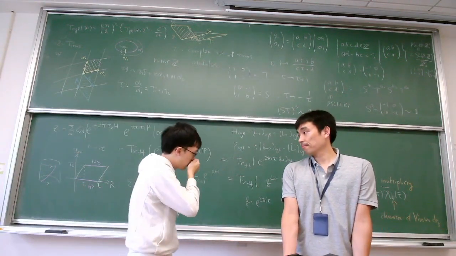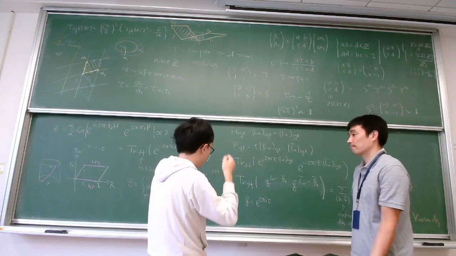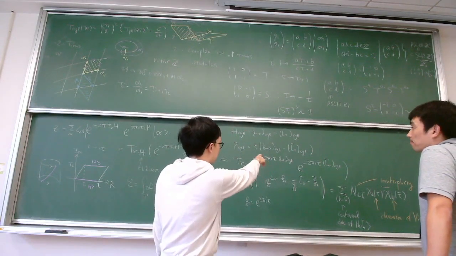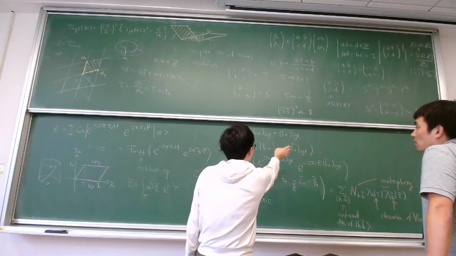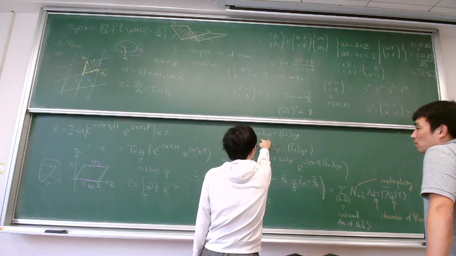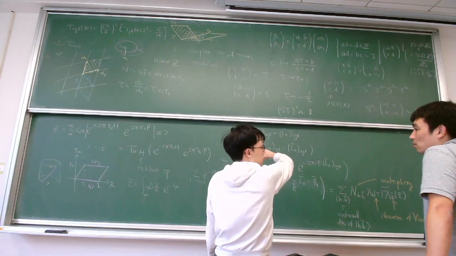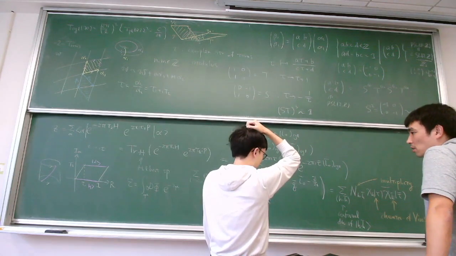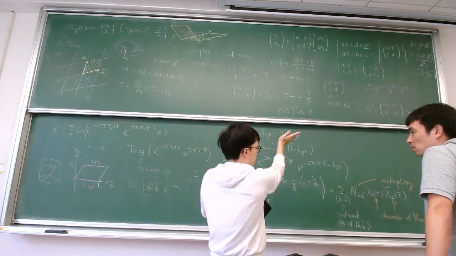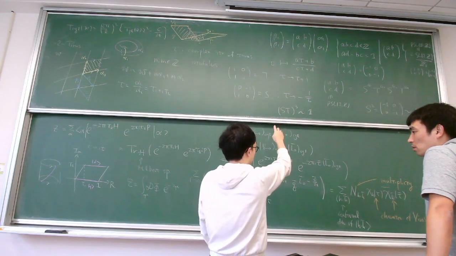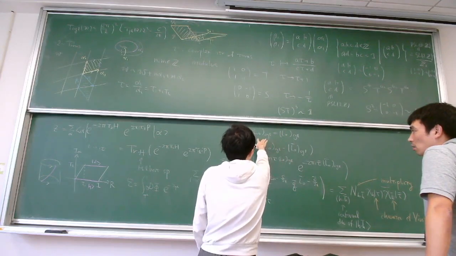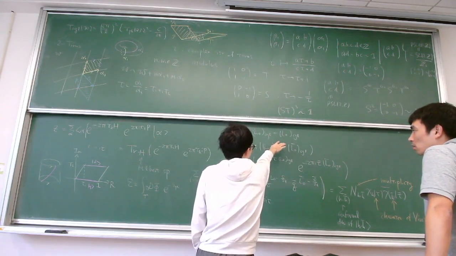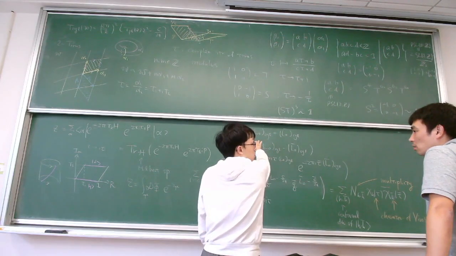I don't quite understand why we can write the Hamiltonian of the cylinder as L0 plus L0 bar. I understand on the plane we can interpret this plus this as the generator of dilations, and the time direction is this direction, right? So on the plane we can interpret this thing as the Hamiltonian. While on the cylinder, can we still have this, or do we just define it to be this?